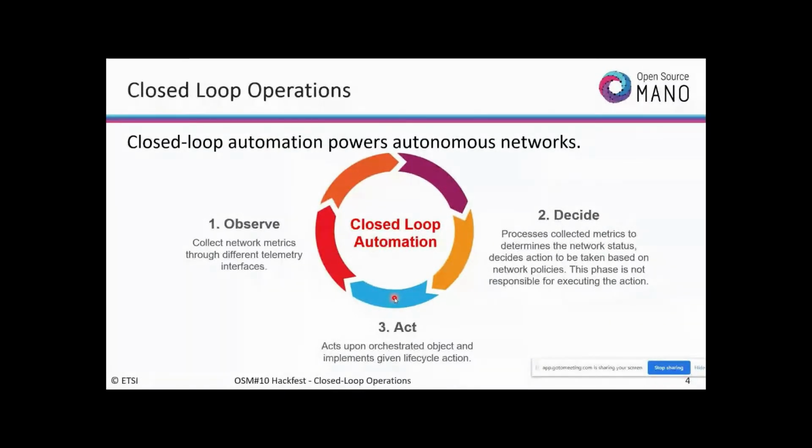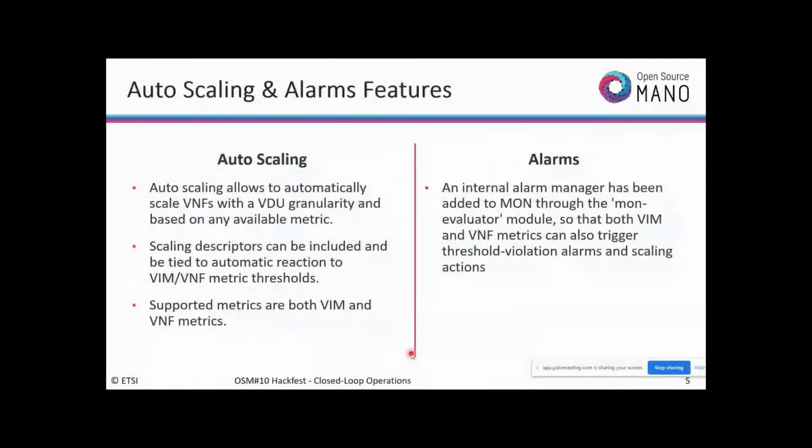a new alarm that is configured as a rule, the MON server puts it in the common DB. The MON evaluator continuously evaluates this rule, and based on the metrics that are collected and stored in Prometheus, it decides whether the alarming condition has happened or not, and then it takes an action for the alarm.